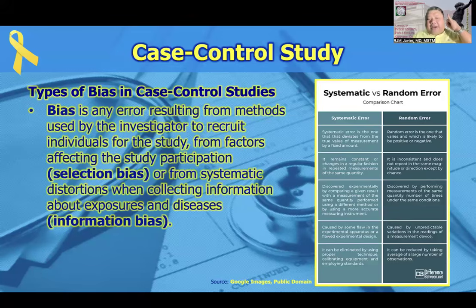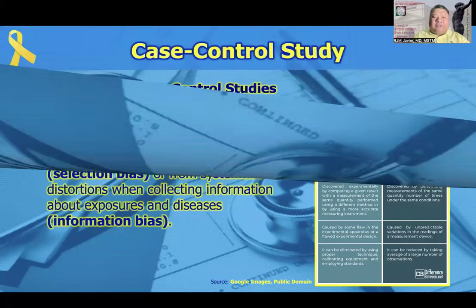Systematic errors are called bias, and your bias always modifies the relationship towards one direction only. And your biases can be divided into your selection bias, or the way we recruit our study subjects, and the information bias, the way we gather information pertinent to both your exposure and your outcome variables.